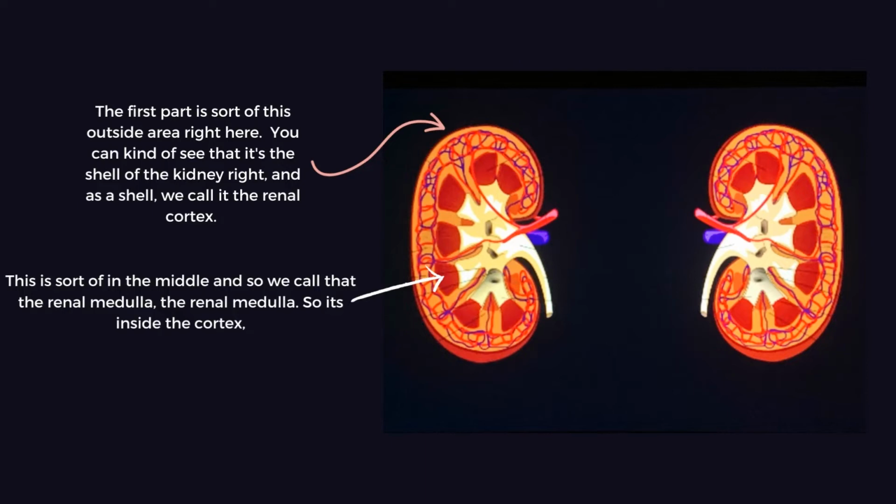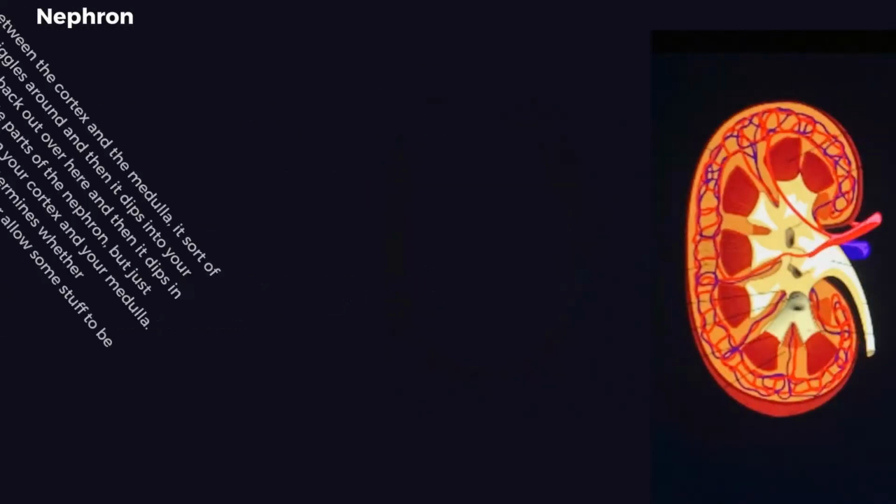So that's this light tan part on the outside. These darker parts inside right here, there's a couple of them that you can see. This is in the middle, and so we call that the renal medulla. The medulla just means the middle, so it's inside the cortex.